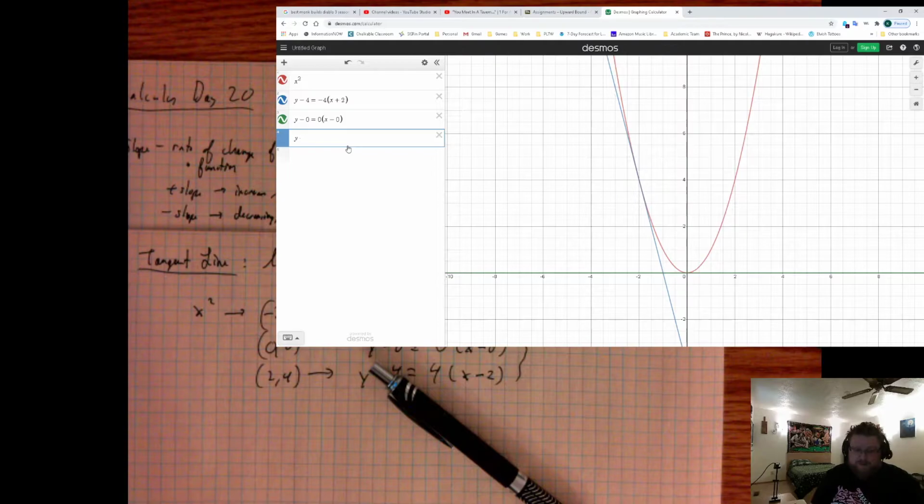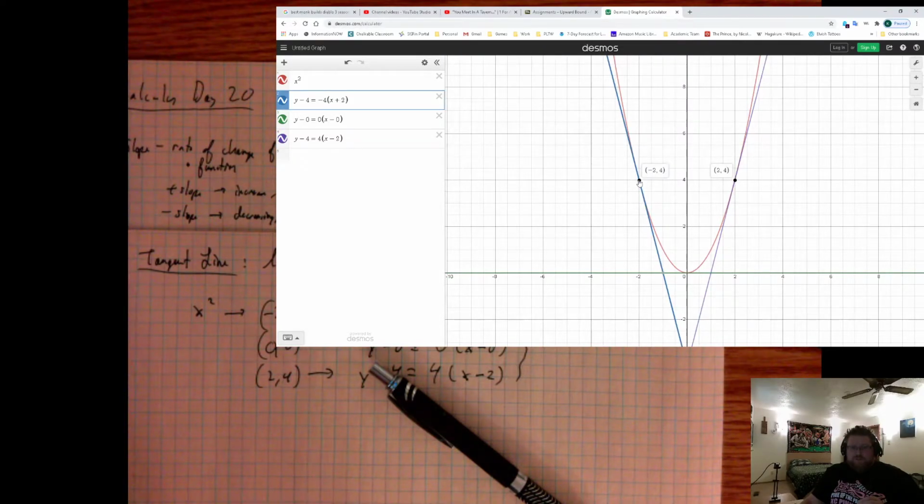My other one, y minus 4 equals 4 times x minus 2. Notice my purple line represents the slope over here at positive 2. And so each of these lines represents different tangents at different points with different slopes. And we found all of them using the slope generating function, which is a limit.